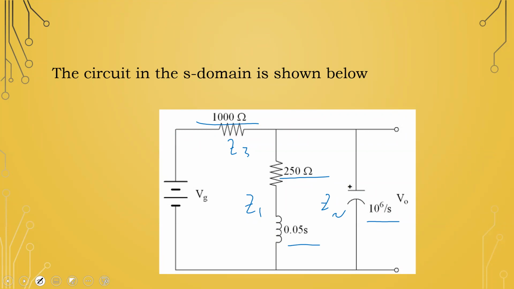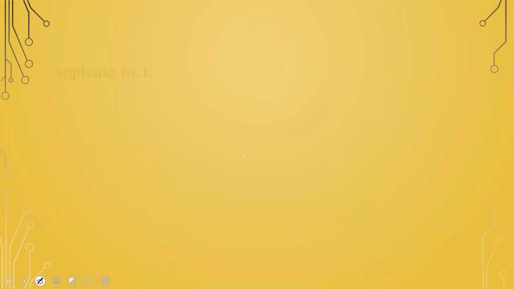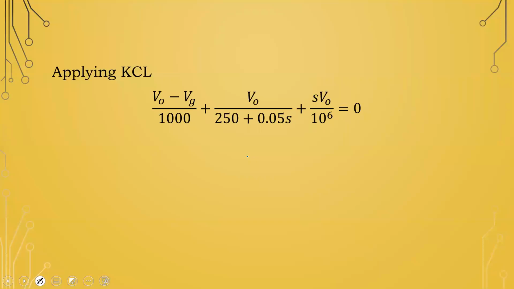Fair enough. So if we apply nodal analysis, which is the same as applying KCL, we get V0 minus VG over 1000, plus V0 over 250 plus 0.05 S, plus S V0 over 10 to the 6.